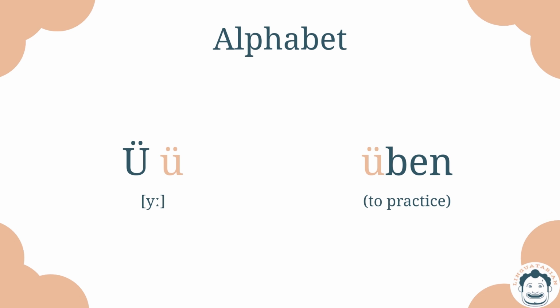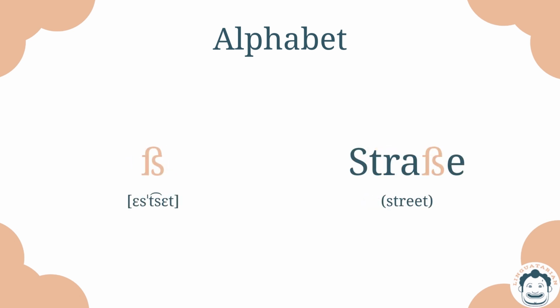The way that I like to imagine this being pronounced is if you make an E sound, and make that same sound but around your lips, it's quite similar. The final one we have here is the ligature, which is called ß.